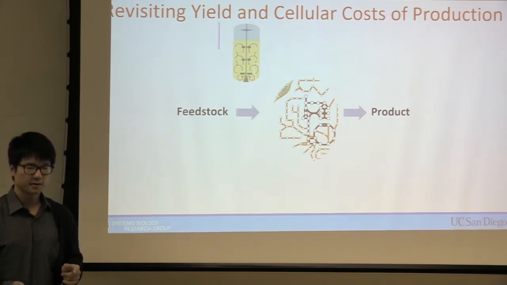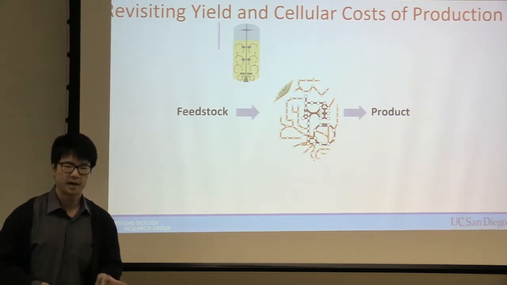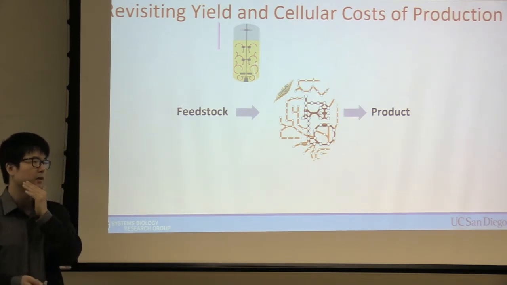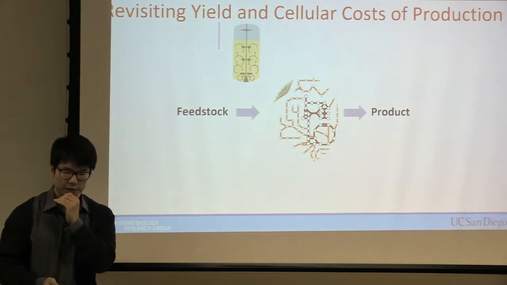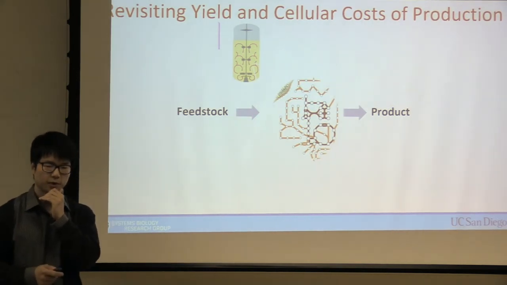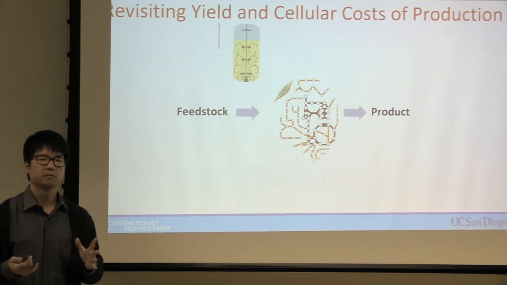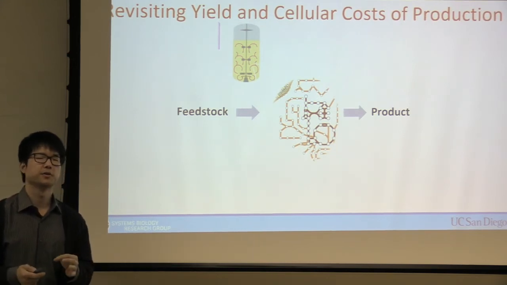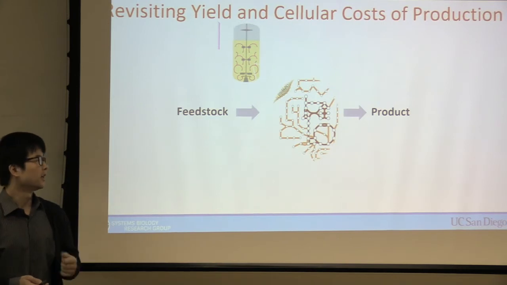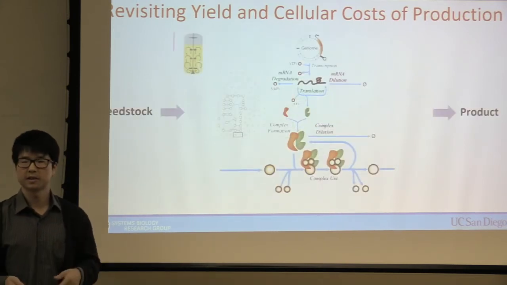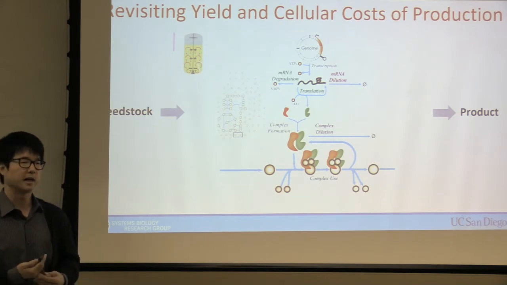But let's revisit the maximization of yield problem now, because now we know not only are the fluxes limited, but also the proteome. But so far we've only considered the protein concentrations as variables that aren't really tied back to metabolism. Essentially, we know that the proteins are synthesized through the metabolic network.